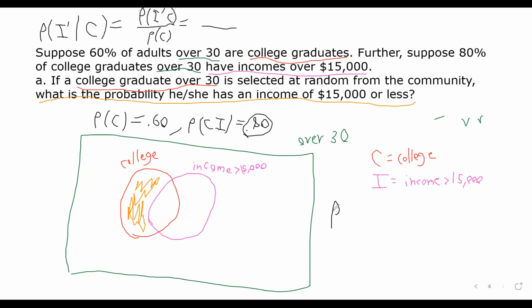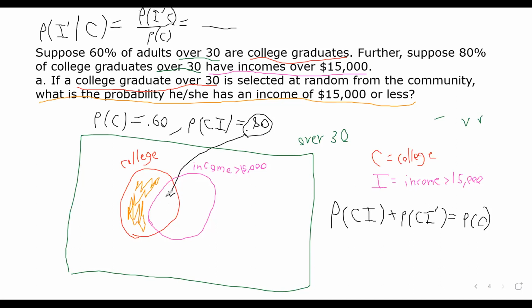The probability that someone's a college graduate and has an income over 15,000, plus the probability someone's a college graduate and does not have an income over 15,000, is equal to the probability of a college graduate.